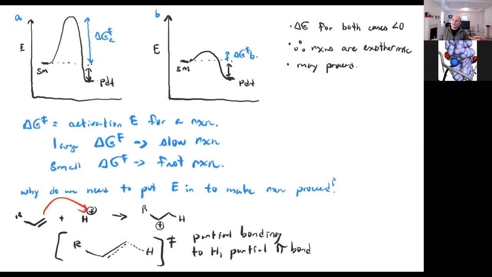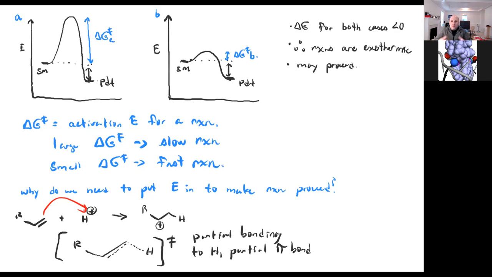Reactions don't proceed in snapshots. There has to be a continuous rearrangement of the system from starting materials to products, and the transition state is the center of that rearrangement. In this case, I've got partial protonation. The electrons in the pi bond are reaching towards that proton, so I've broken a bit of the pi bond, and this is an unstable arrangement.